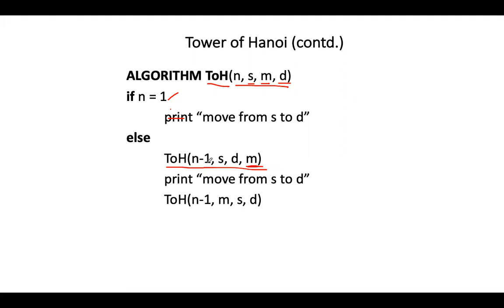That is n minus 1 disks. If 3 disks are there, 2 disks I will put onto the middle tower. Okay, and then next, again, not a print statement, a move statement: the large disk that is present in the first tower will be moved to the last tower. And then again, we are going to call this Tower of Hanoi function. It will repeat.